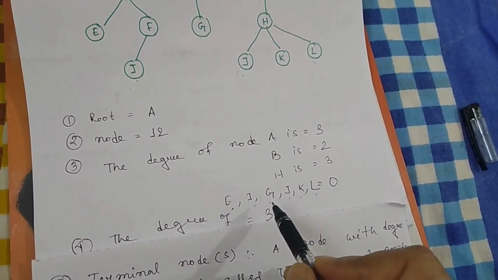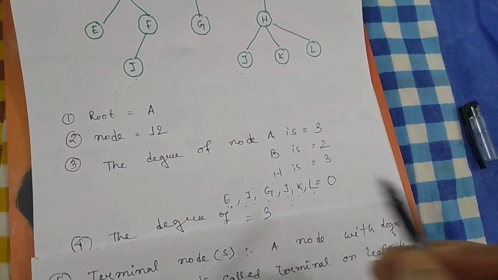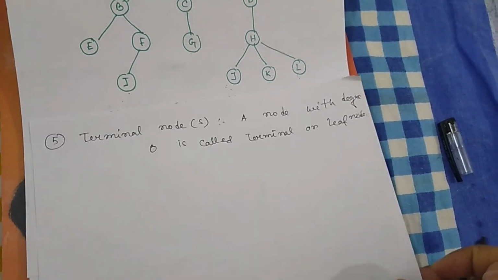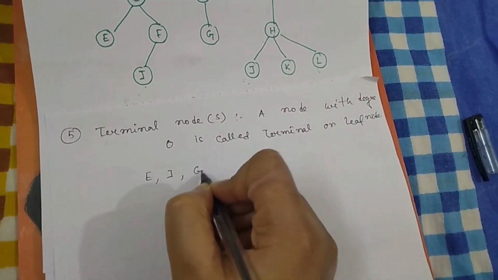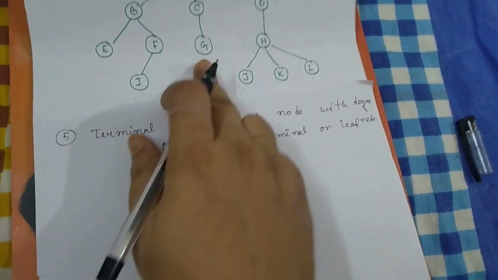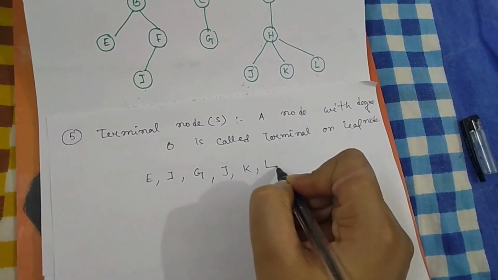That's why we consider those the terminal nodes. That means E, I, G, J, K, L.